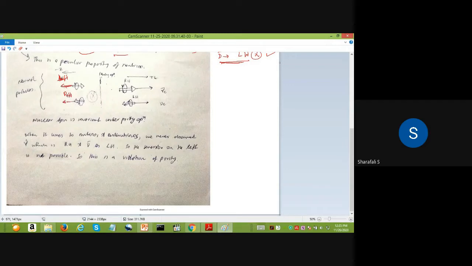Okay, so the bigger arrow is the spin and the small arrowhead is the direction of motion or velocity. So when they are in the same direction, they are right-handed.